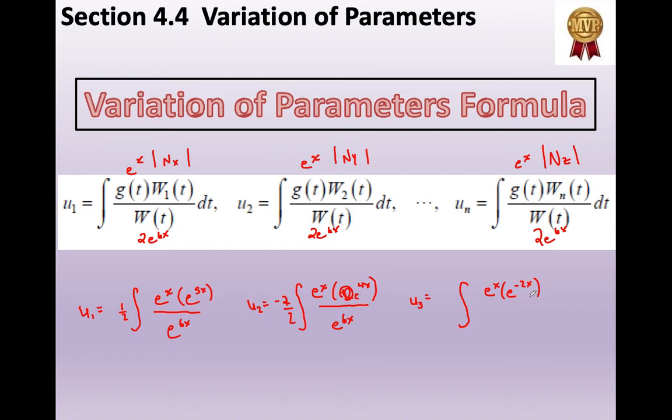Oops, I'm sorry. This is e to the 3x, right? With again that 2 in the denominator out front. So this is how I'm going to get u1, u2, and u3, by integrating each one of those.